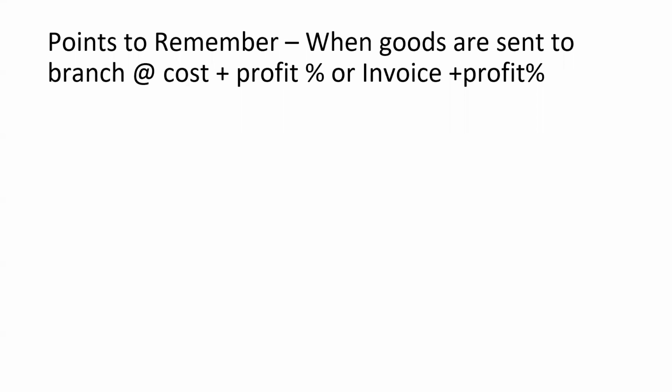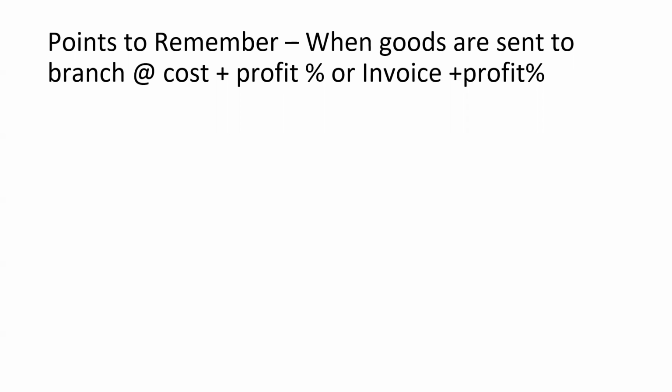So what is the reason why the head office doesn't give information to the branch about the profit? Why do they have to send the stock at invoice plus profit? Very simple logic behind this. The head office doesn't want to reveal the profit it is making to the branch.